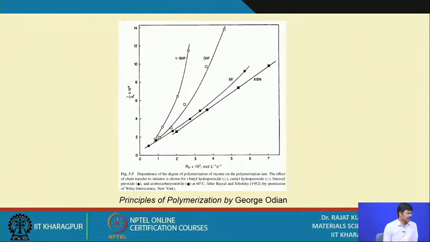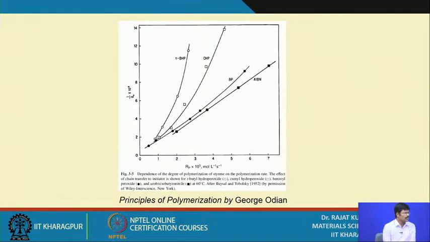Say for example, the open circle graph is for tert butyl hydroperoxide, and the closed or filled circle is benzoyl peroxide. One thing you should keep in mind here is that some of the graphs go to a large amount of nonlinearity at high Rp.